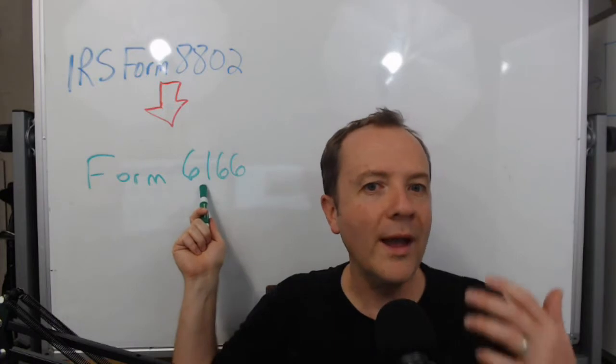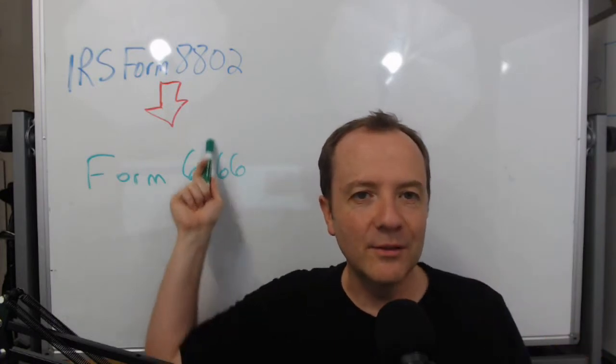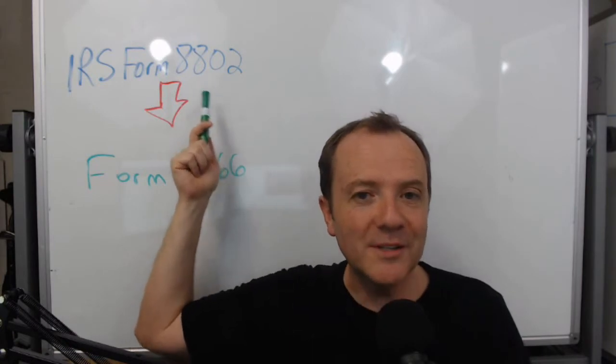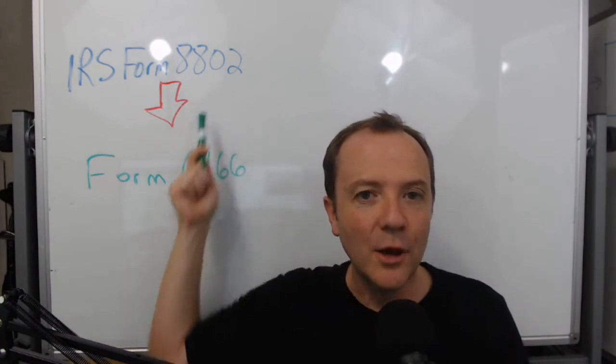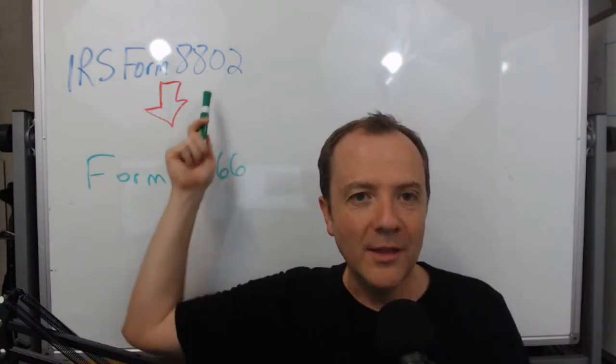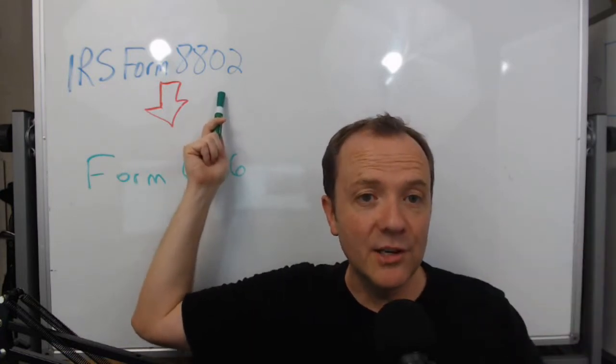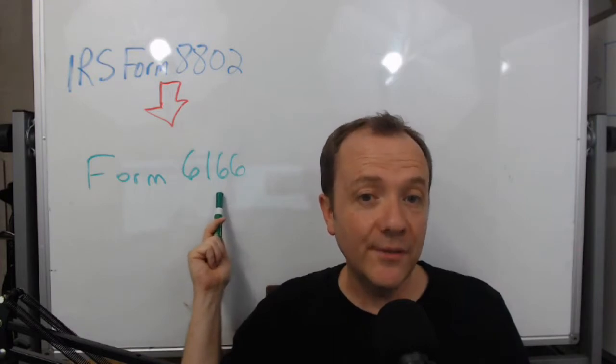Now, the way it's been explained to me, the German VAT authorities will take Form 8802, which again is the application for the certificate. So the IRS processes Form 8802, the application, to get you the certificate, which is basically them certifying that you are a tax resident, or your company is taxed as a tax resident, essentially.